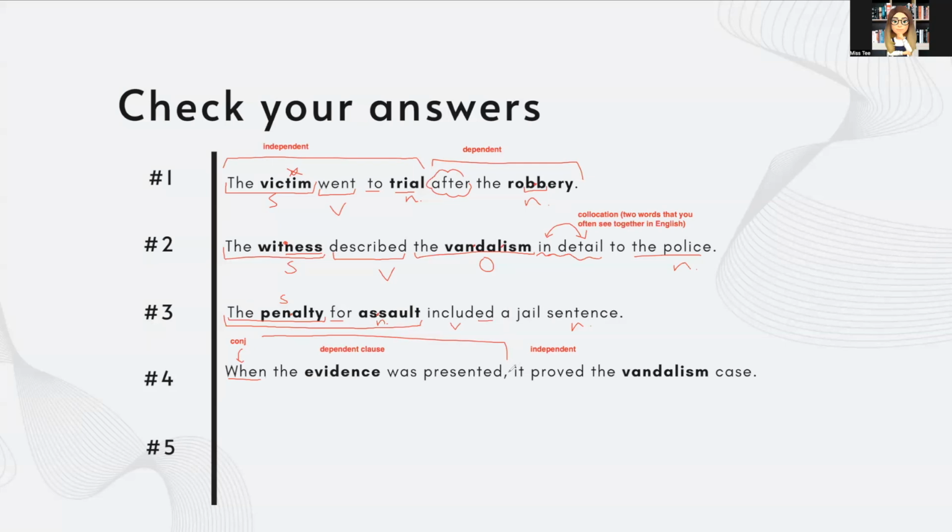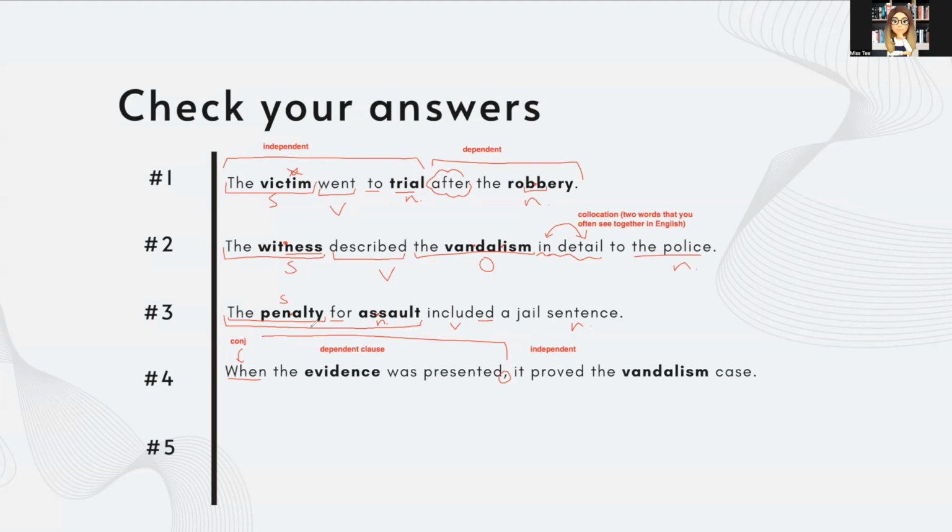Now we do need a comma here. So whenever you have the dependent clause first and the independent clause second, you do need a comma, and the signal to this is starting with this conjunction. And when you have this, you're also going to have two subjects in the sentence. So here the evidence is one and it is another one, in two different parts.